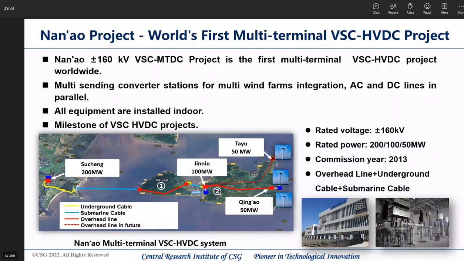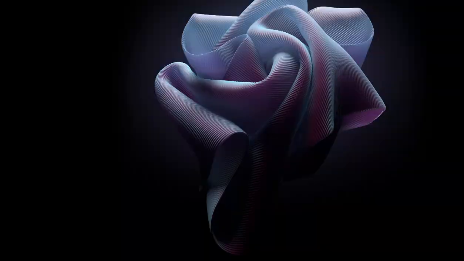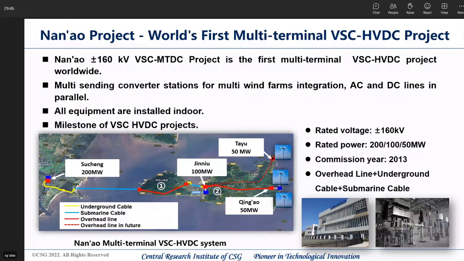This is the first VSC HVDC and also a milestone of VSC HVDC projects because it was put into service in 2013, 10 years ago. The DC line includes overhead line on the island, submarine cable, and also underground cable.